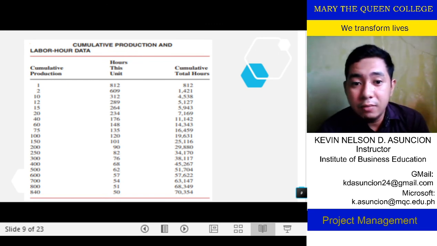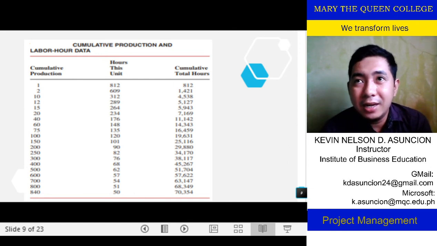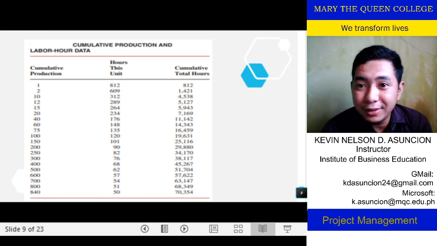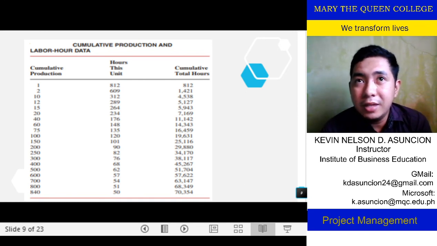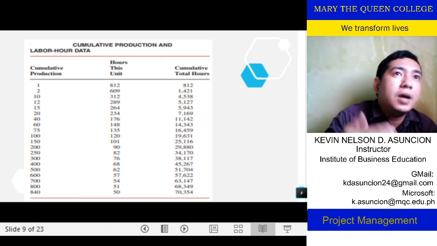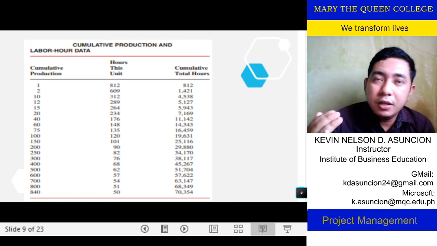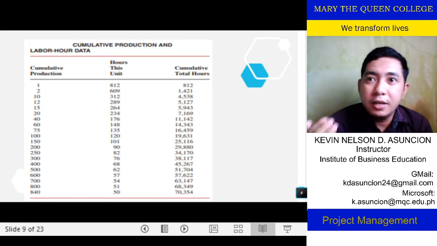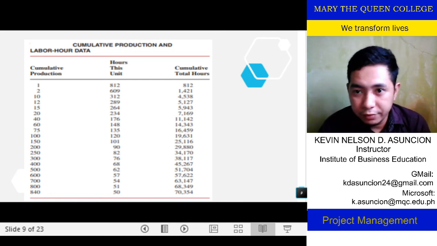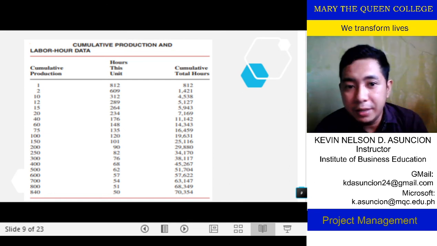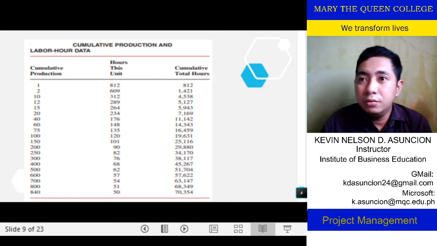In reality, it just takes 50 hours to do one work, no? Pero what I am trying to point out is there will be a point in the production or in the learning curve na hindi na siya nagmo-move or mabagal na yung movement niya, yung pagkatuto, no?